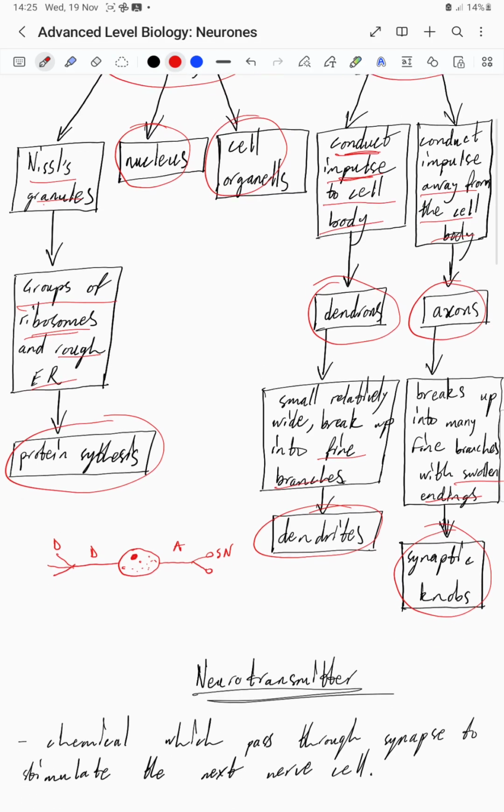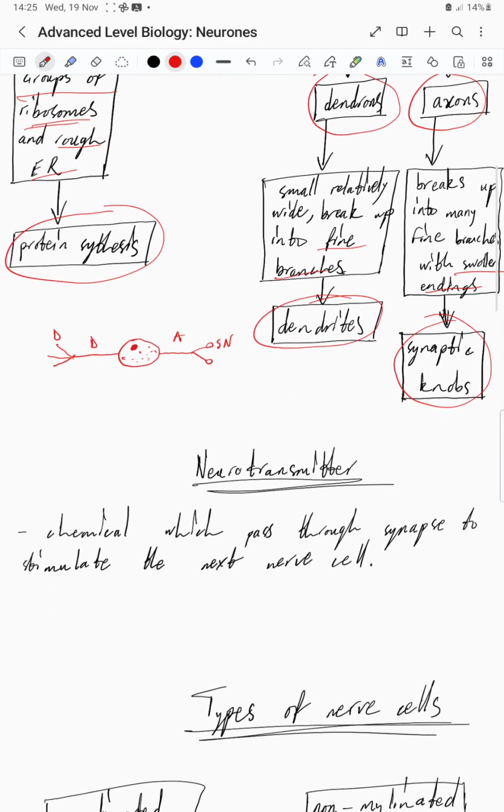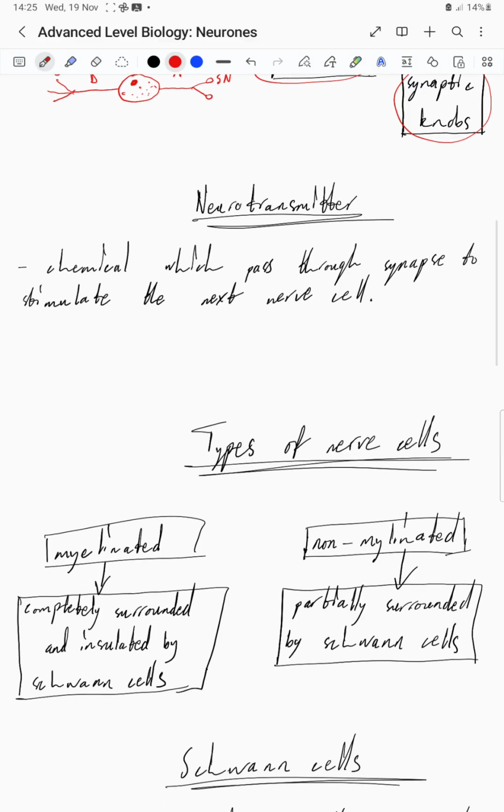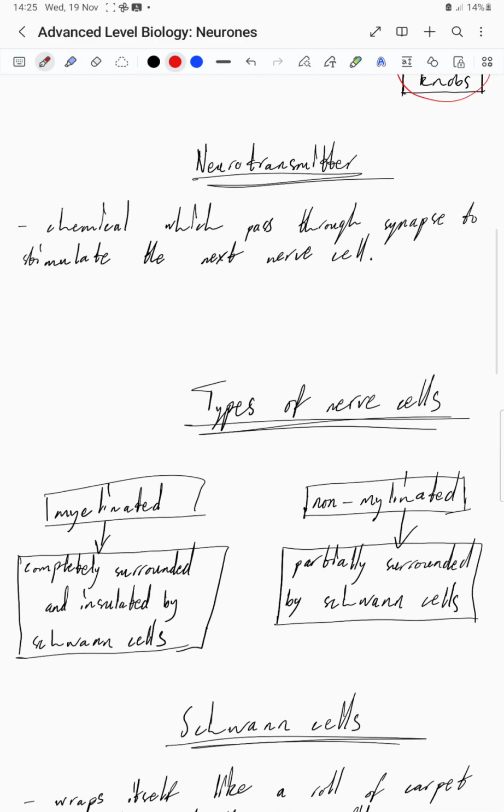We also have something associated with the nervous system, which are called neurotransmitters. Neurotransmitters are chemicals which pass through the synapse to stimulate the next nerve cell.